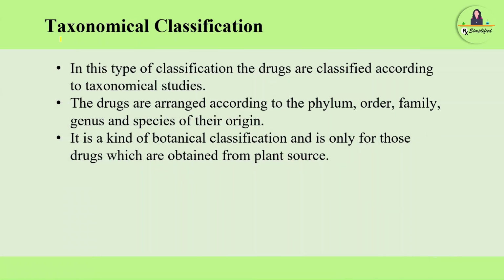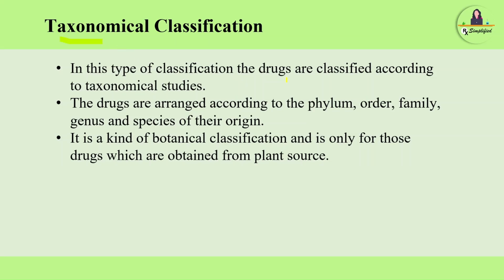Let's discuss the third classification. This is taxonomical classification. What is taxonomy? In 11th-12th class, you study about phylum, kingdom, order, family, genus, species. These are taxonomy. When drugs are classified by their family, genus, species, then it is called taxonomical classification.